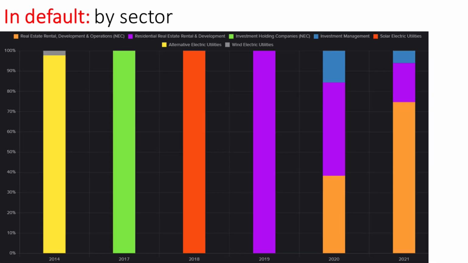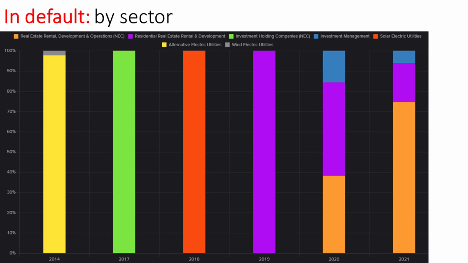So what we can see here, if you are checking the sector, not the objective, is that one default was related to solar electric utilities, one related to investment holding companies, which is absolutely not decided.